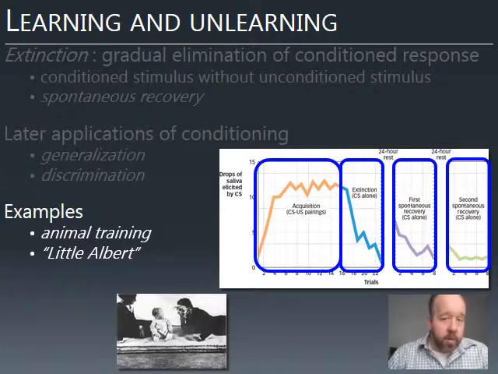And after a few of those pairings, just even seeing the rat, little Albert would begin crying because he had learned to associate the rat with the unpleasant stimulus. So in this case, the rat was the conditioned stimulus, and the loud sound was the unconditioned stimulus. Little Albert didn't have to learn anything to not like that loud sound, but he did have to learn to associate the rat, which was neutral before, with the loud sound.